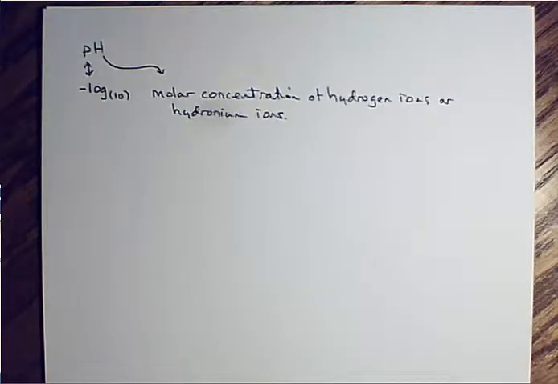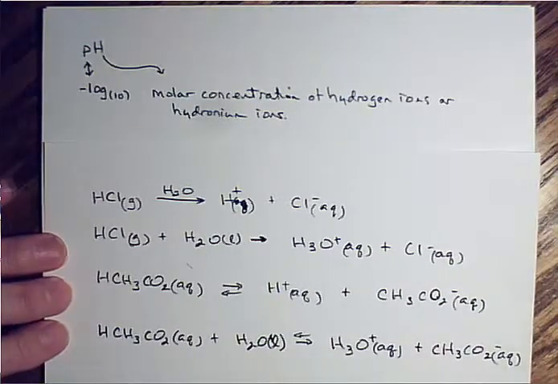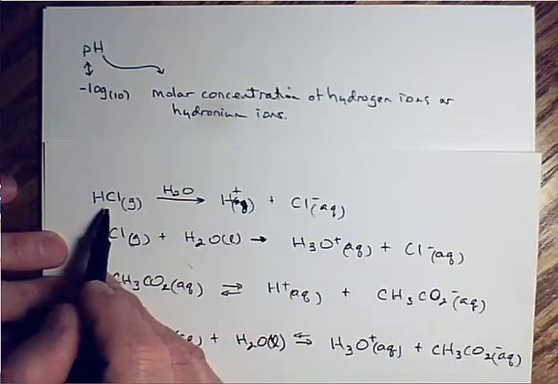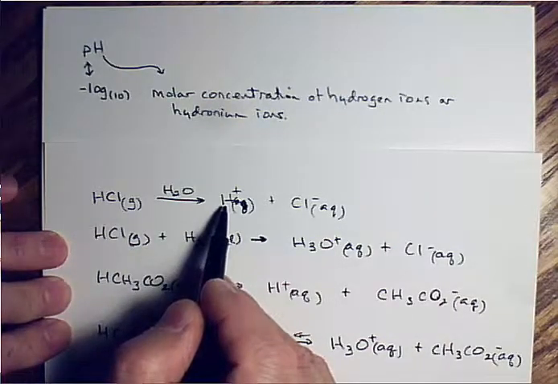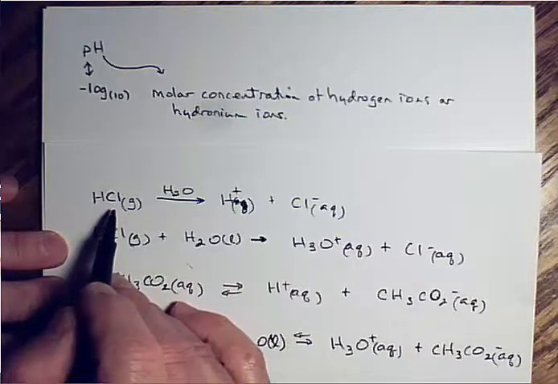Let's go back to our illustration for a minute here and show you why, if I can help you see in a simple way. Every time one hydrogen chloride breaks up, I get one hydrogen ion, right? So the number of moles of hydrogen ions is whatever moles we get out of this.